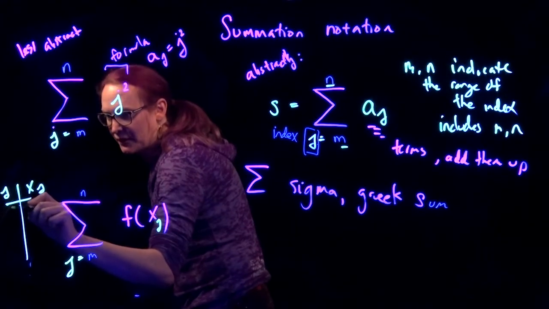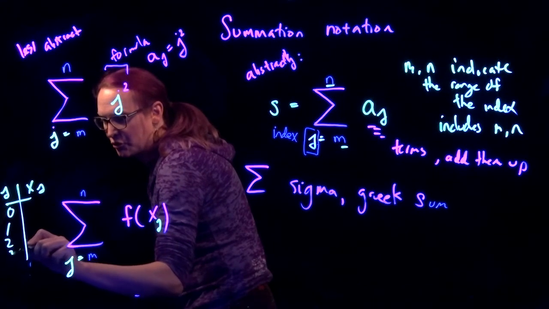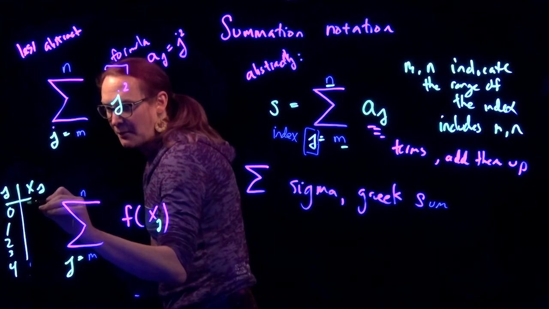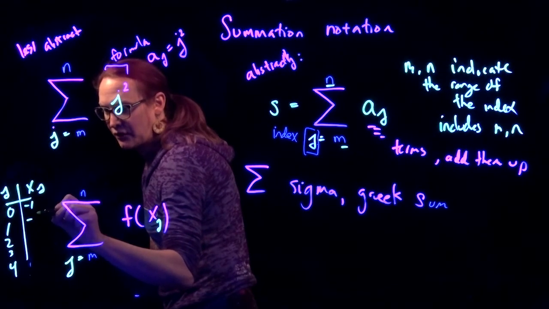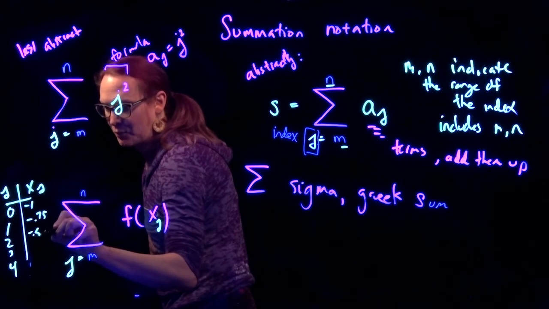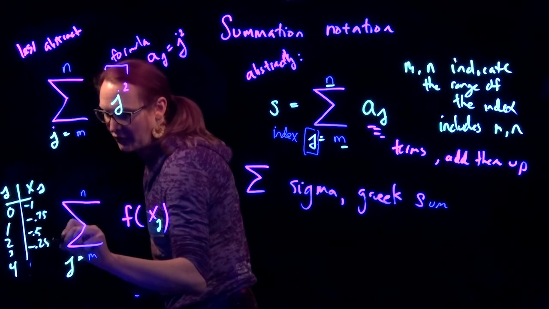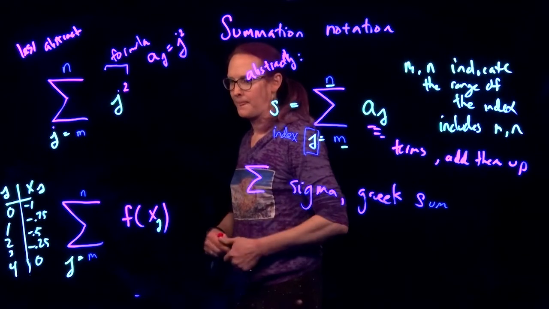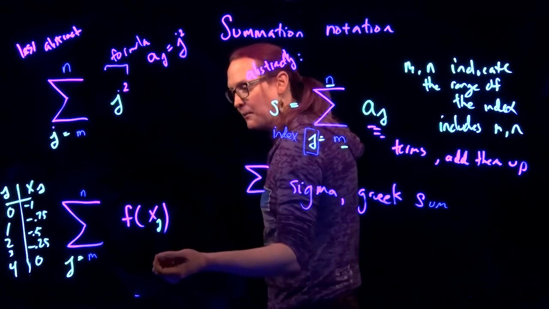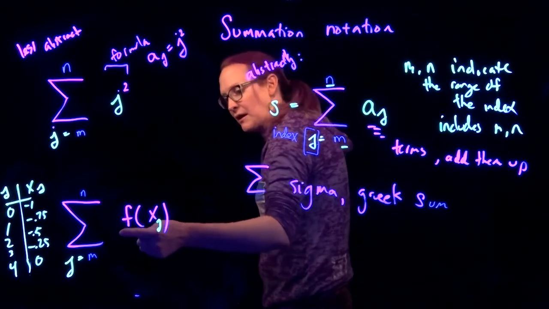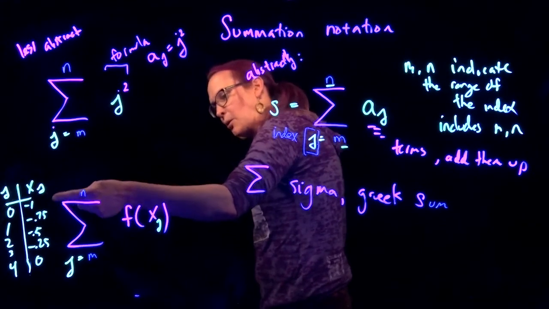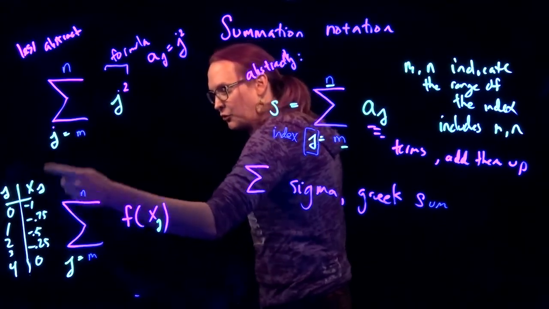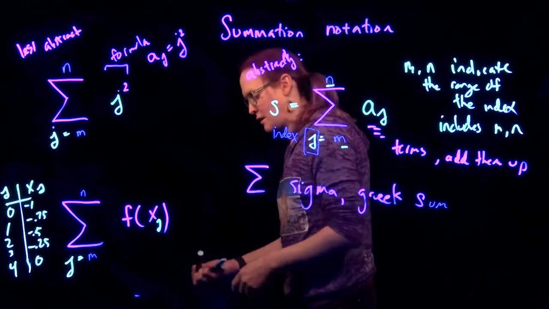So j would be like 0, 1, 2, 3, 4, and x sub j, say, is minus 1, minus 0.75, minus 0.5, minus 0.25, 0. Okay, so now if j were to run from like 0 to 4, I would go get those 4 x values from this table.